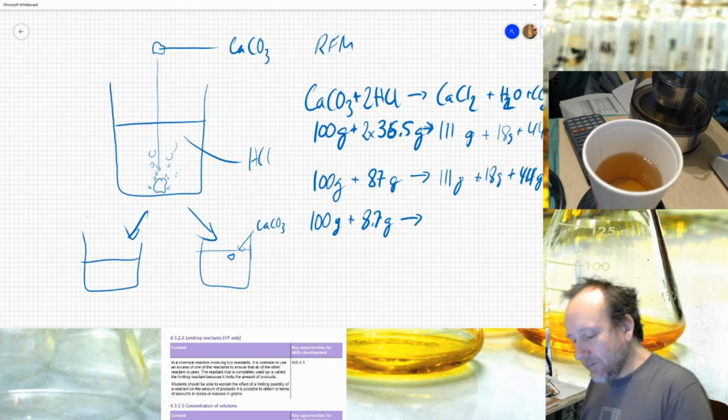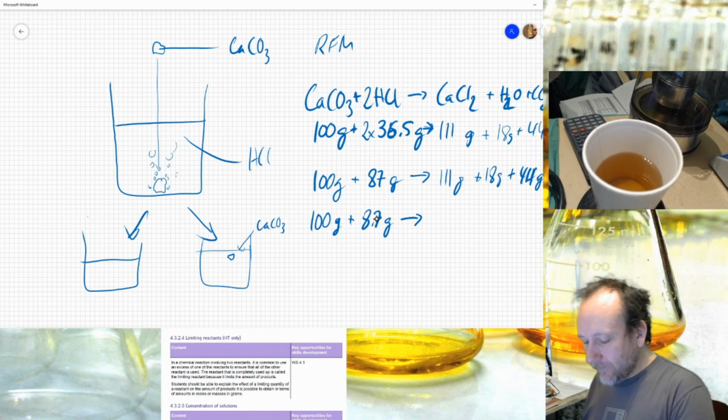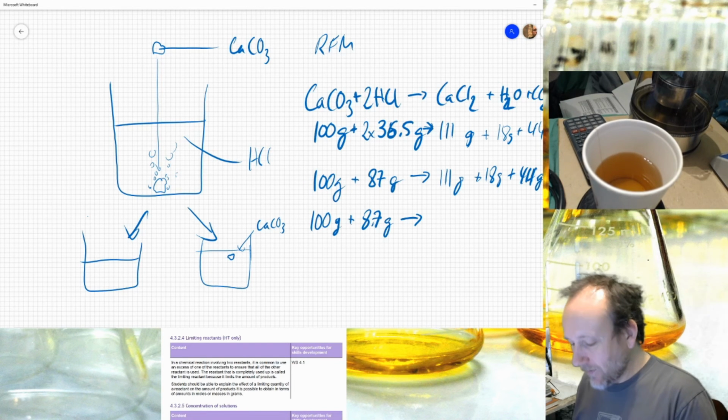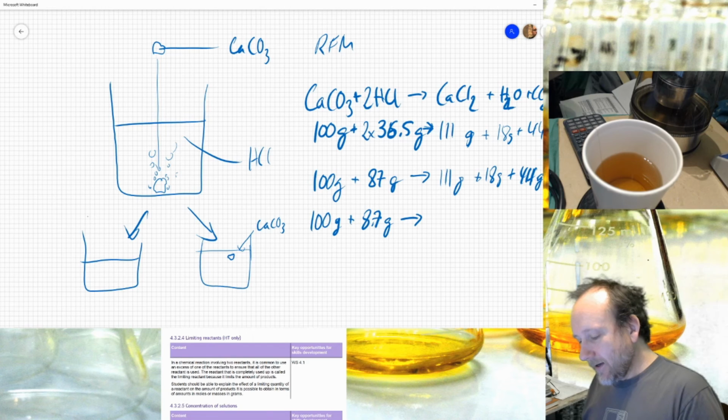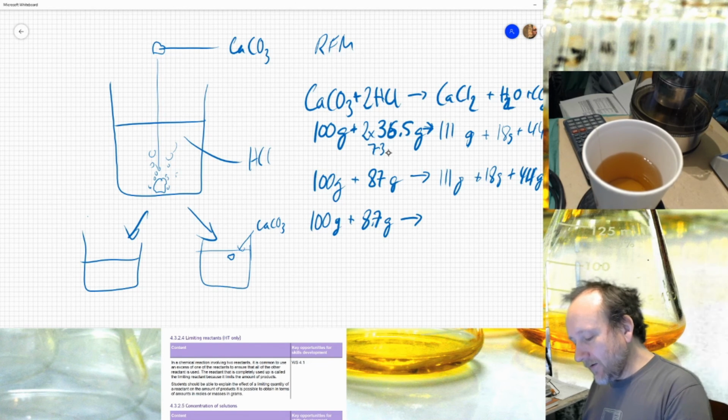Now, in this case, we know that there's not enough hydrochloric acid dissolved in the water to react with all of the calcium carbonate. So the question is, how much of the calcium carbonate is it going to react with? I know that in order to react at 100%, I need 73 grams of hydrogen chloride dissolved in the water.